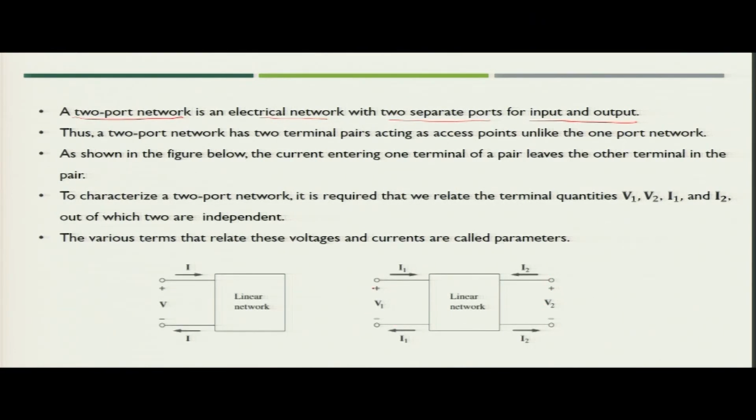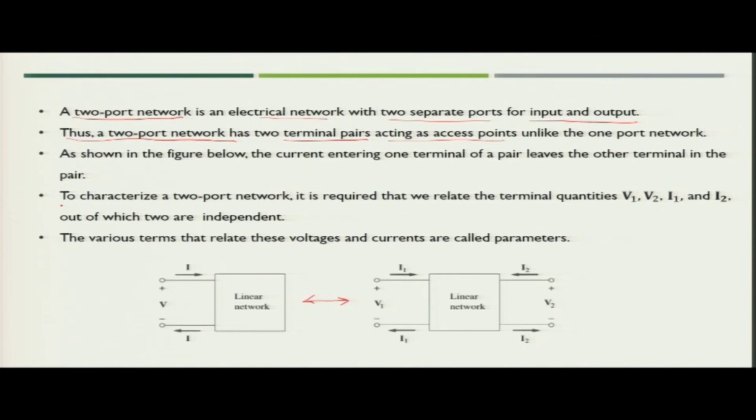So, you can either put two voltage sources on both sides or two current sources on both sides, or you can put a resistor or capacitor or inductor across the terminals and try to find out the values which are required to be calculated related to that particular network. So, basically the two port network has two terminal pairs acting as access points, like we discussed in this particular figure. This is the major difference between a one port network and a two port network.